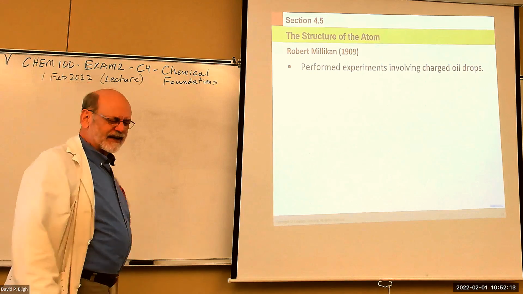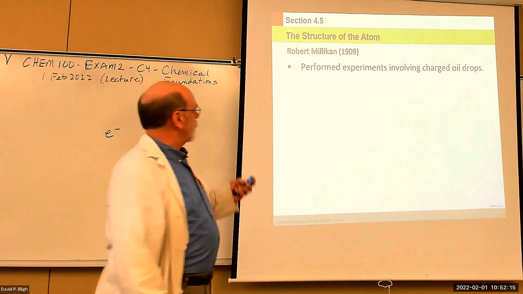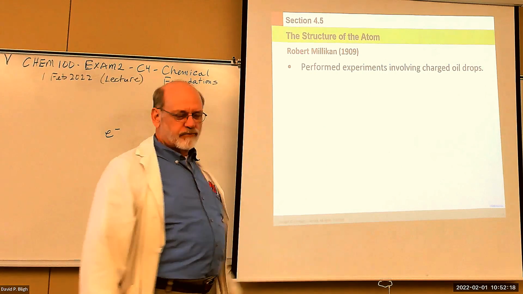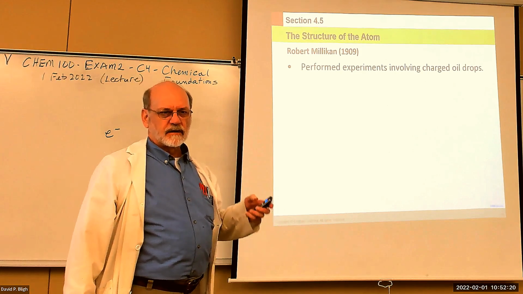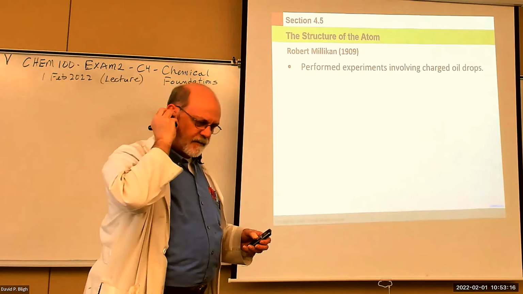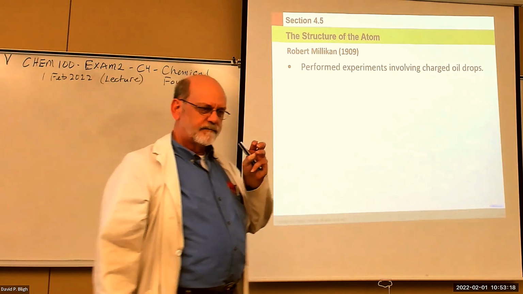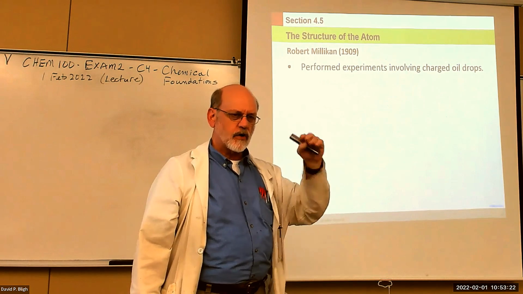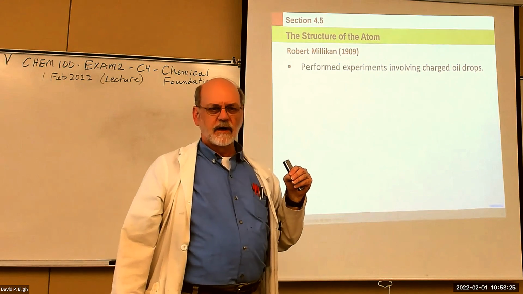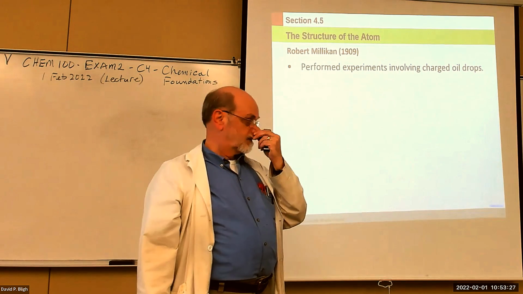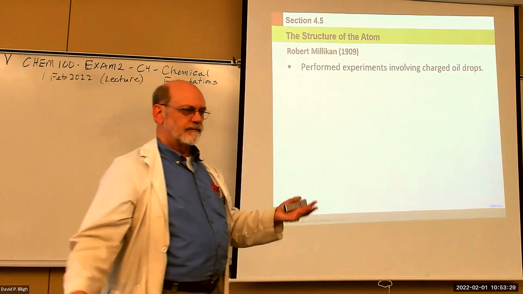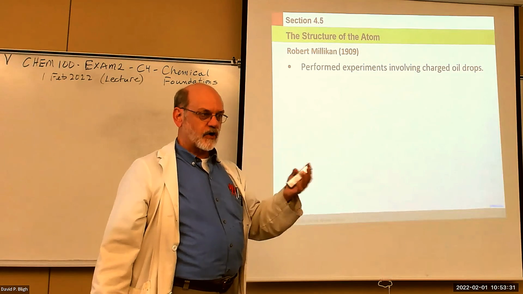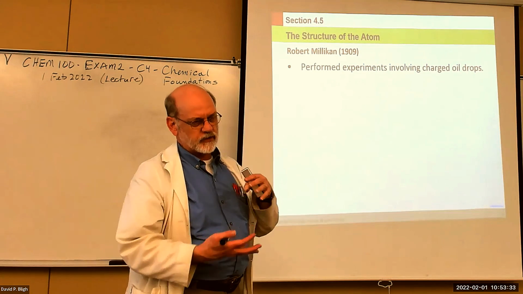Now, before we leave the electron, Robert Millikan was a brilliant chemist in the United States. J.J. Thomson also determined the ratio of charge to mass. The ratio of how much charge is on an electron relative to its mass.